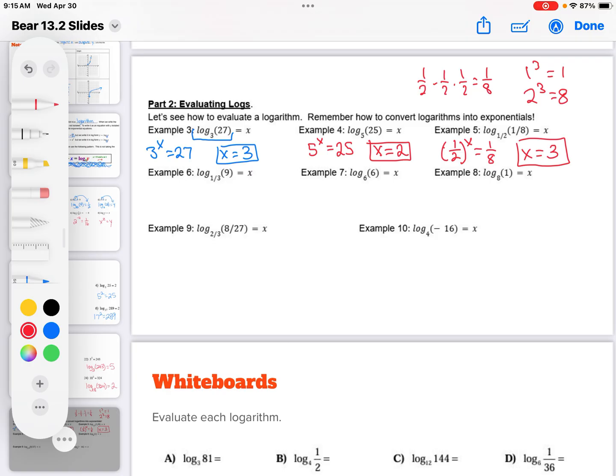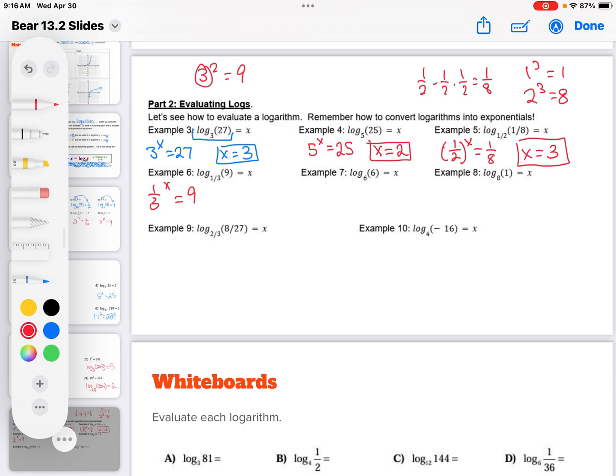Okay? Next one, we have 1/3 to what power gives you 9? Well, we may remember that 3 squared will equal 9, but how do I make a reciprocal of that 3 to make it 1/3?